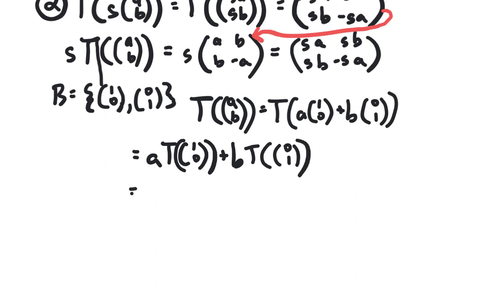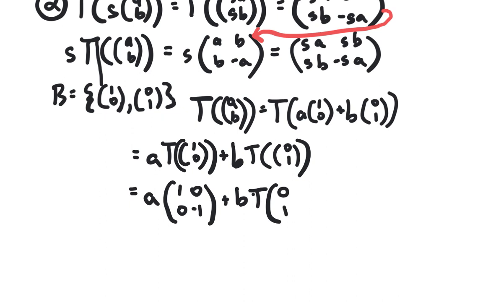And we know what T of 1, 0 is. We can work that out. That's going to be the matrix 1, 0, 0, negative 1. And the transformation of 0, 1 is going to be 0, 1, 1, negative 0, which is just 0.